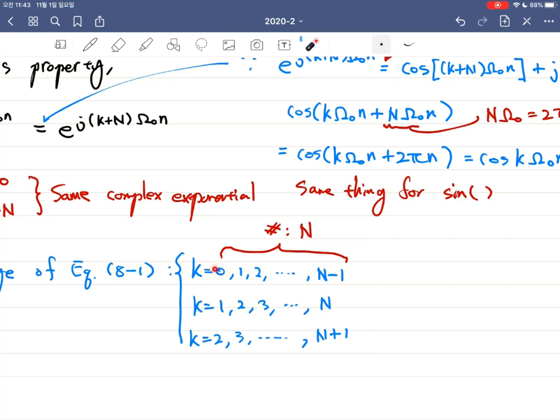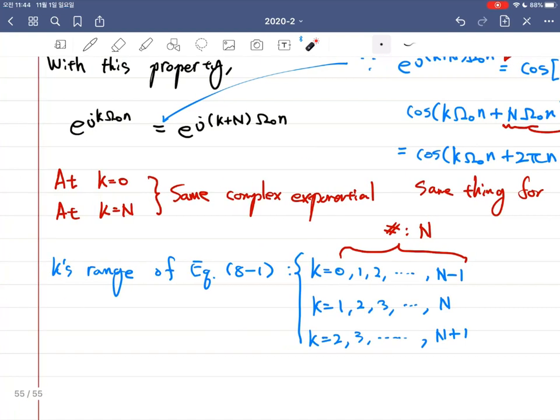You can start from 0, from 1, you can even start from 5 or N divided by 2, if it's an integer, that's okay. However, you have to stick to one period, whose number of indices for the summation should be large N. Okay?